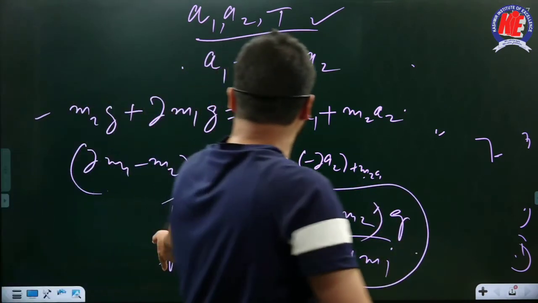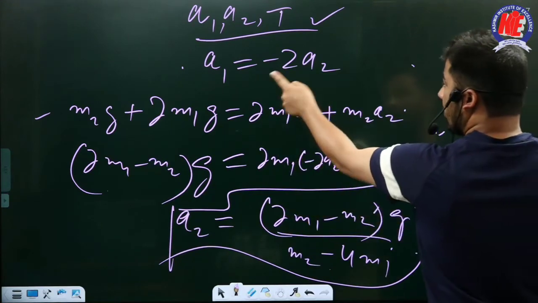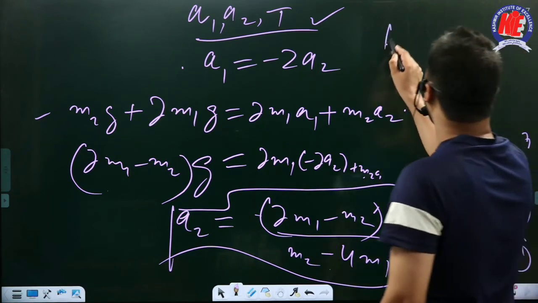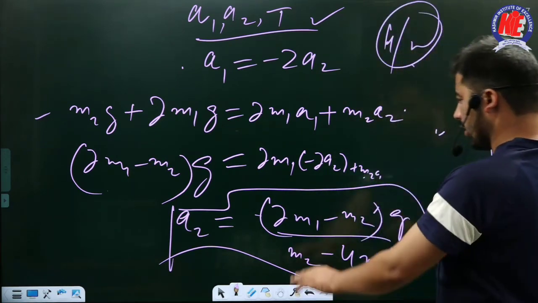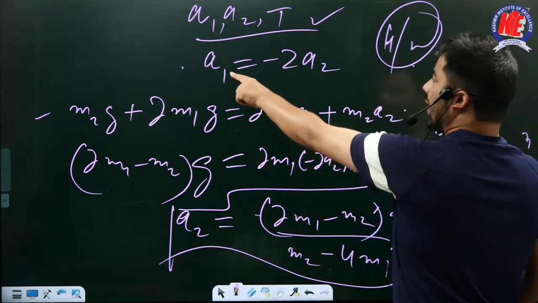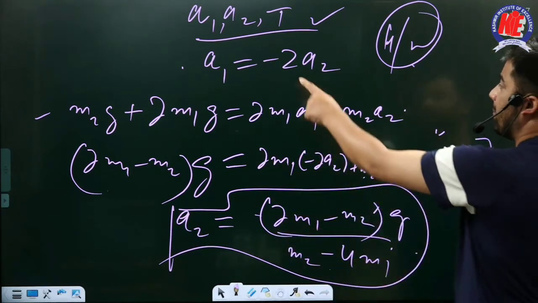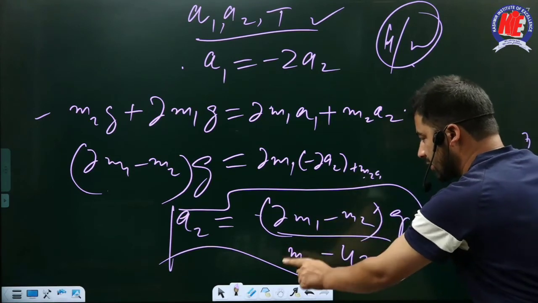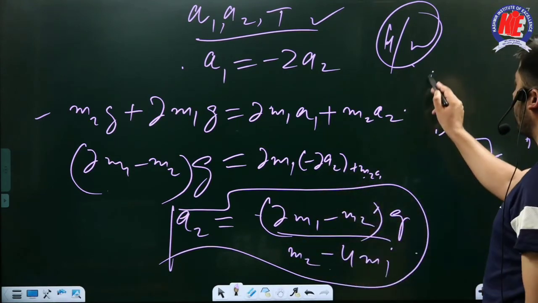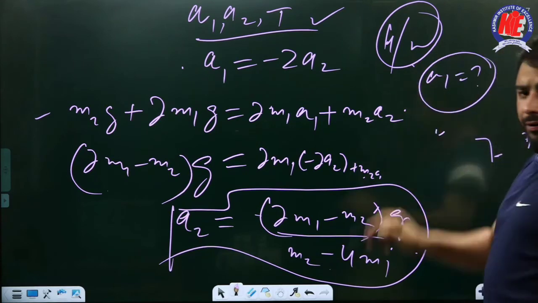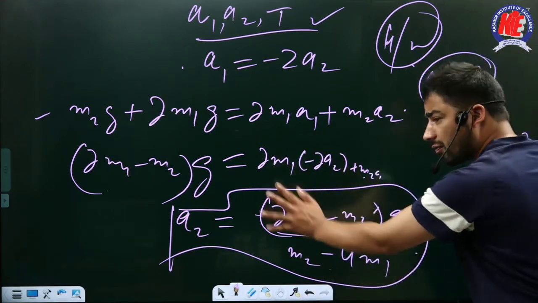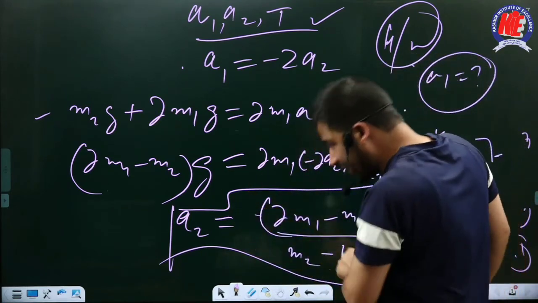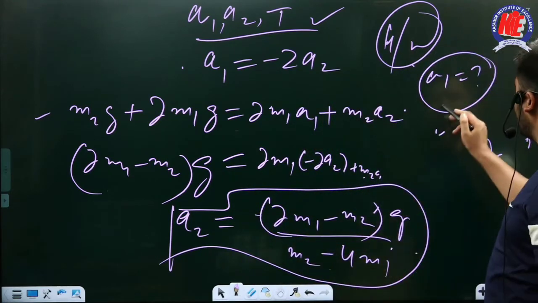The moment you get the value of a2 you can use the factor minus 2 here and you will get the value of a1. It's a kind of homework for you people: divide the whole equation by minus 1 by 2 and you will get the value of a1. It will not be very far from this, because it's a constant minus half factor we are just dividing by.